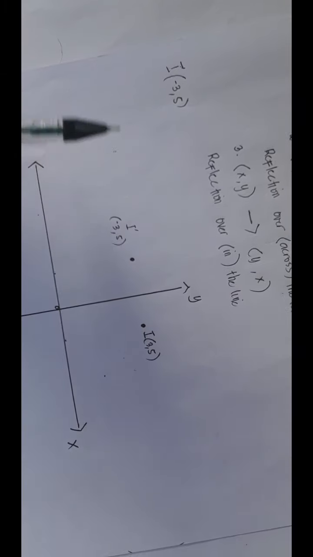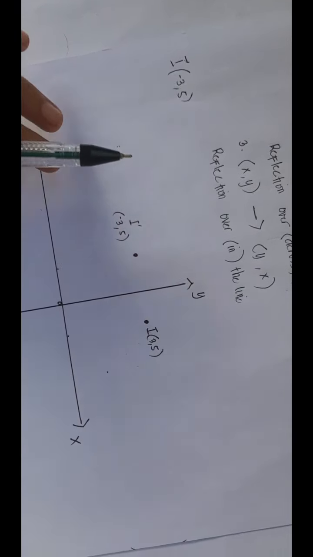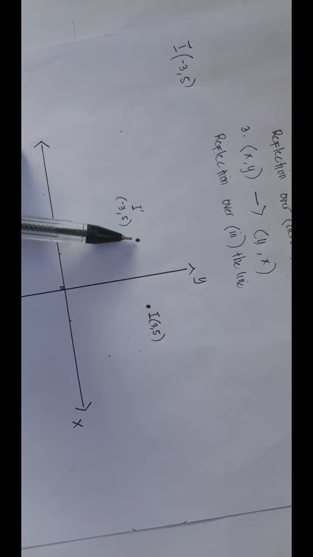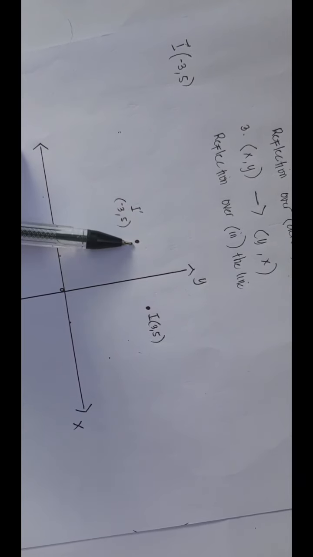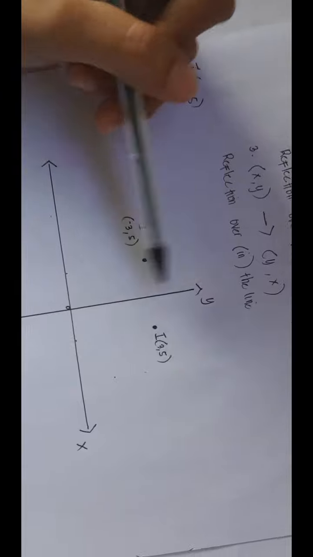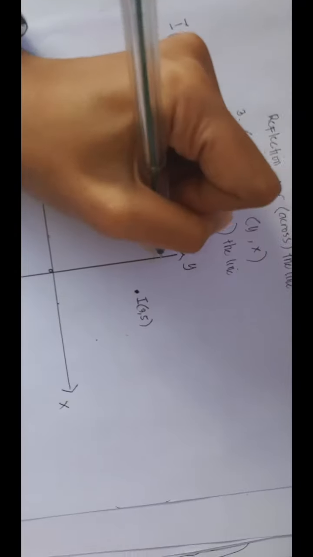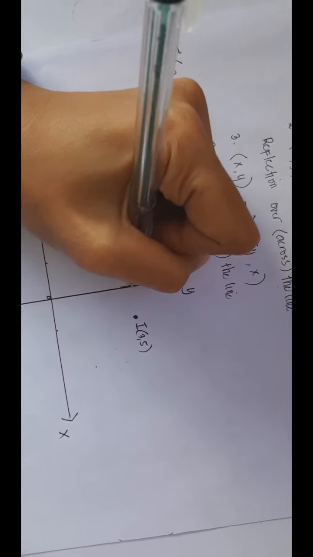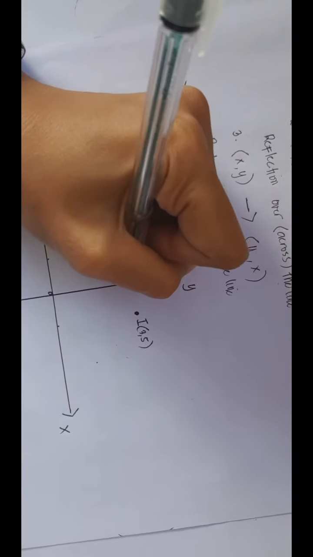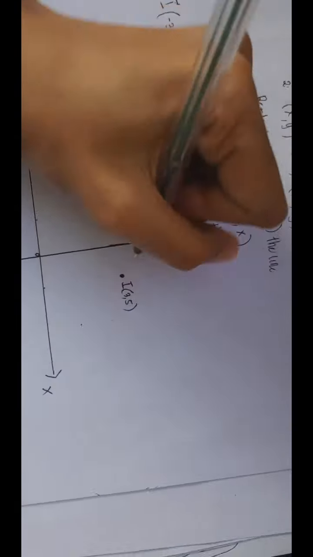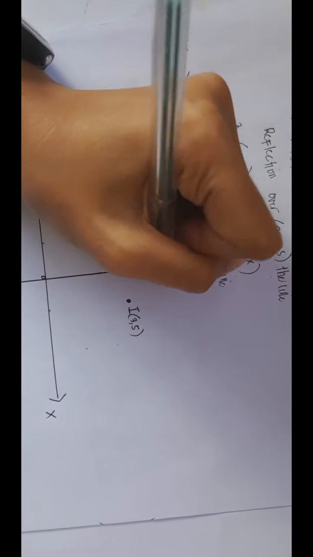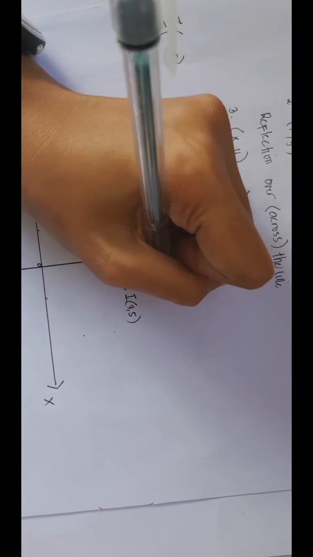Now, this image here passes through the line of reflection. This is its line of reflection.